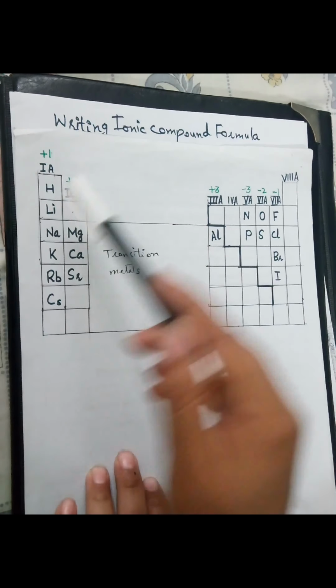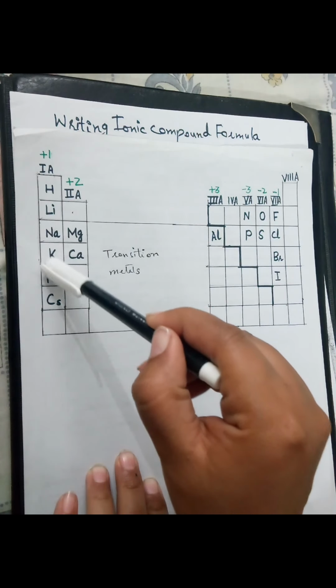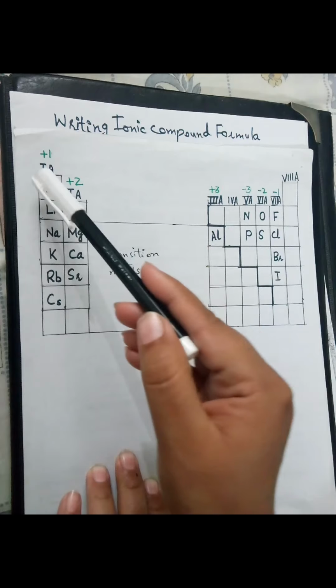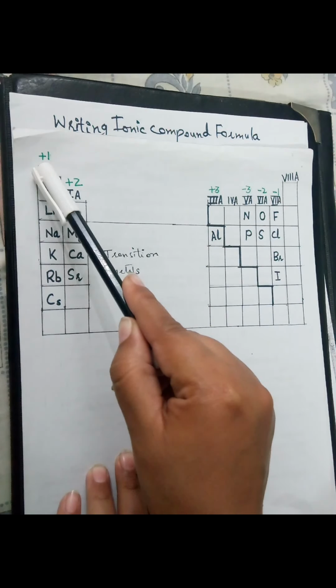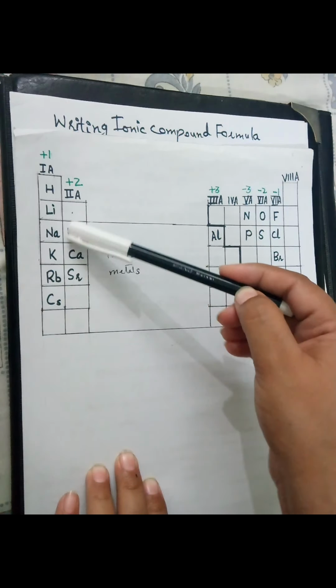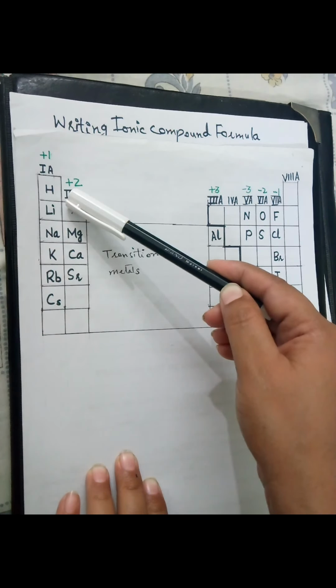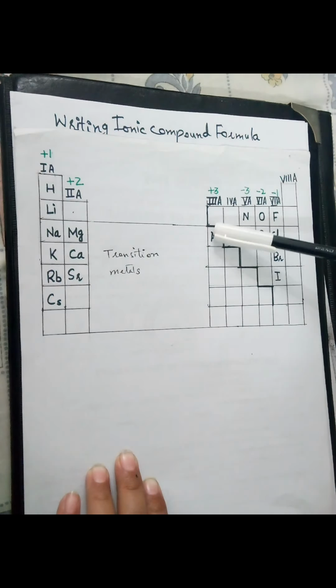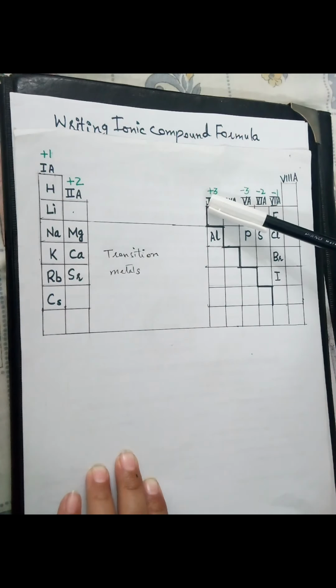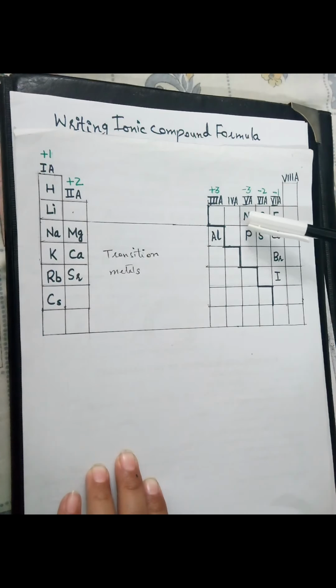All the elements in the first A group will have a positive 1 charge. All the elements in the second A group will have a positive 2 charge. Similarly, 3A positive 3 charge, and the group 5A with negative 3, 6A with negative 2 and 7A with negative 1.